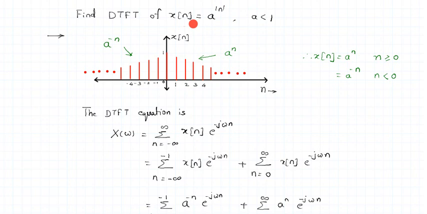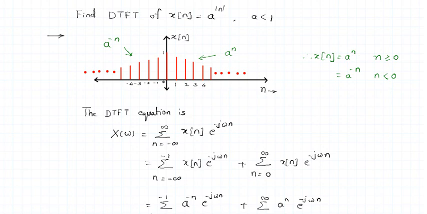So when such is the problem, the very first step that you need to do is plot the given signal. The purpose behind plotting is that we are able to identify the mathematical equation of the given signal.